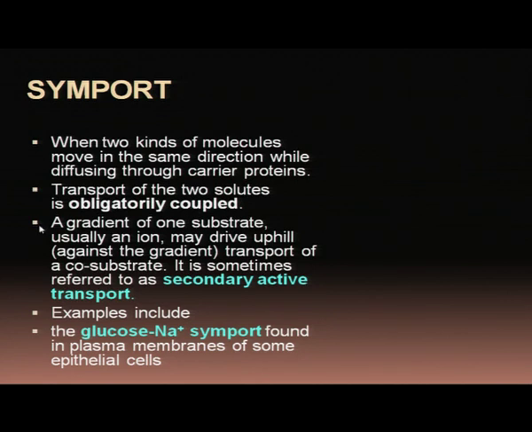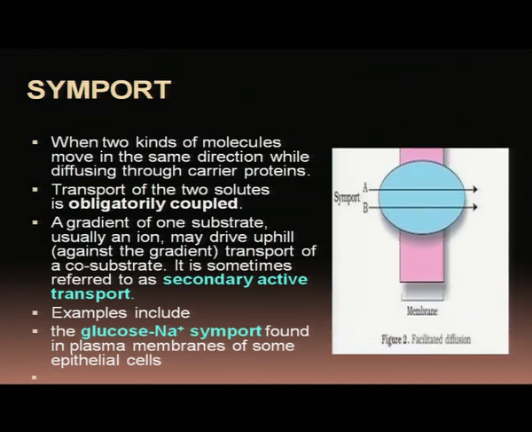That is, a gradient of one substance, usually an ion, may drive uphill transport of a co-substrate, and it is sometimes referred to as secondary active transport also. So, here the two substances are being transported in one direction with the help of one carrier protein.